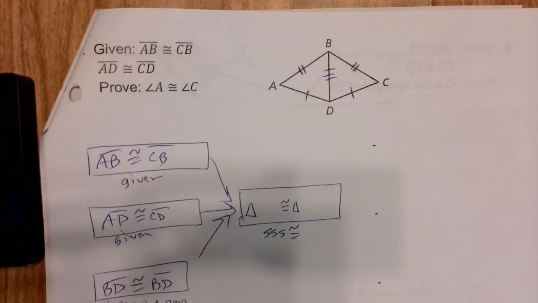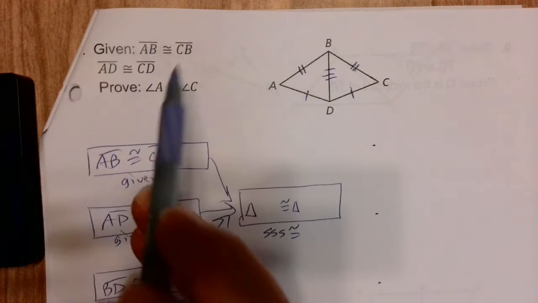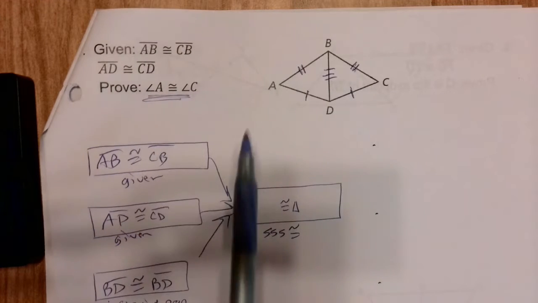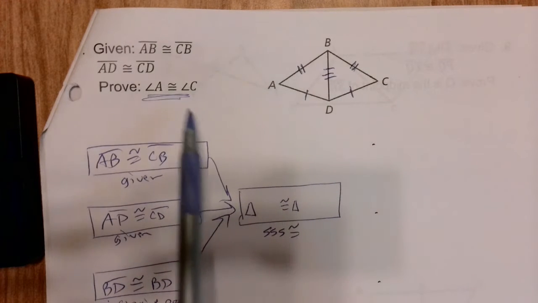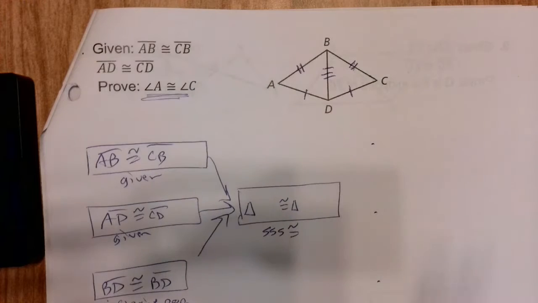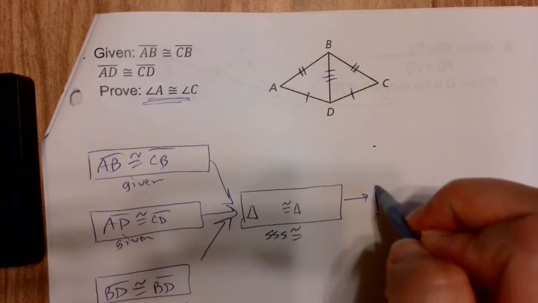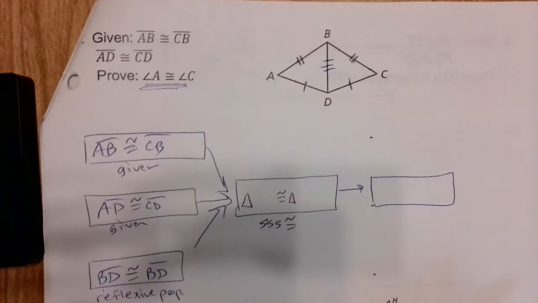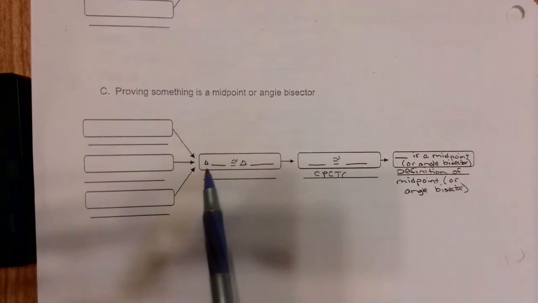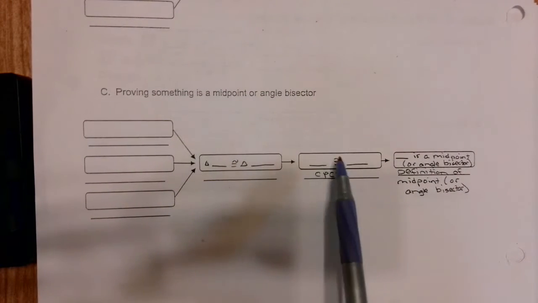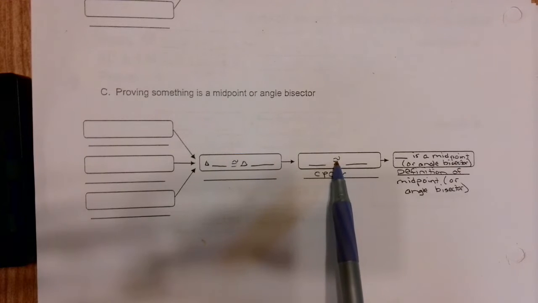Now, look at what we're trying to prove, though. Can this, angle A is congruent to angle C, go here? Well, no, because this has to be about triangles, and this is not triangles. So we need another box. Do we need a third box? So going back to the Flow Proof Survival Guide, first box has to be about 2 triangles. Second box would be 2 congruent things.